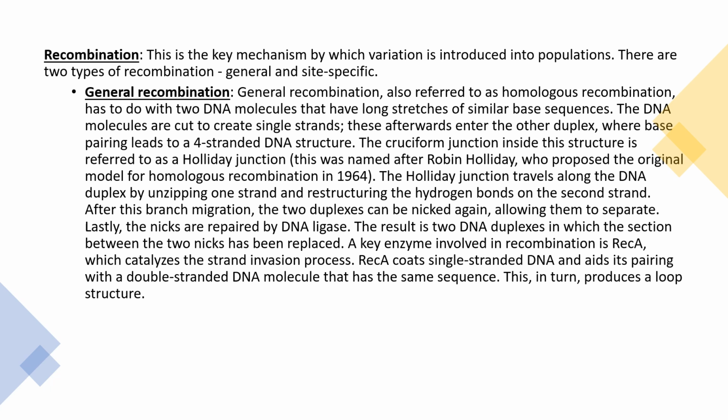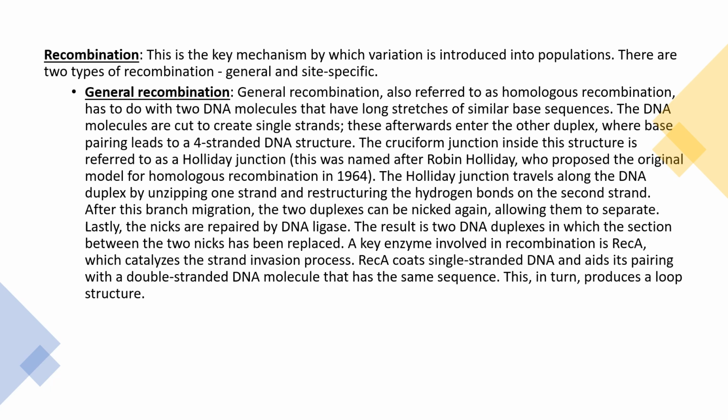The Holliday junction travels along the DNA duplex by unzipping one strand and restructuring the hydrogen bonds on the second strand. After this branch migration, the two duplexes can be nicked again, allowing them to separate. Lastly, the nicks are repaired by DNA ligase. The result is two DNA duplexes in which the section between the two nicks has been replaced.